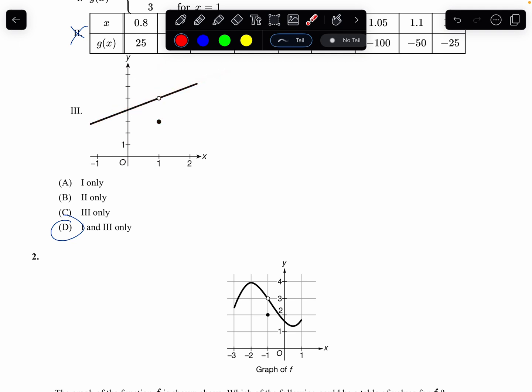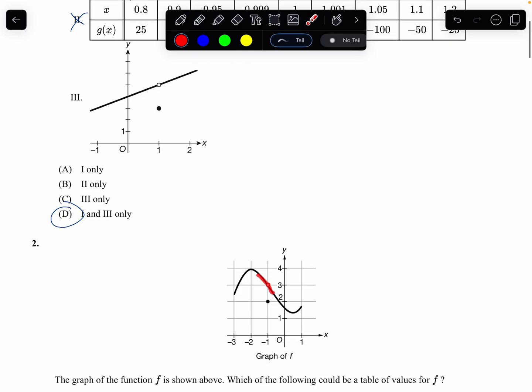So this function could be redefined at x equals -1 to be 3, and therefore it would be continuous. Now the function might not be defined at all, so this point wouldn't even have to be here, and it's still a removable discontinuity because we could define it there to be continuous.